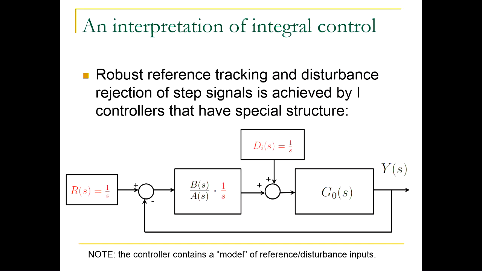I just take S to the other side. So from this model, I get that S times Y of S is equal to U of S. If I take the inverse Laplace transform of this, I get Y dot is equal to U. This is in the time domain. What this equation in the Laplace domain means for zero initial conditions is exactly this: Y dot equals U. What is the solution of this equation if I set U equals 0? So now I let this be 0. What is the solution of this equation?